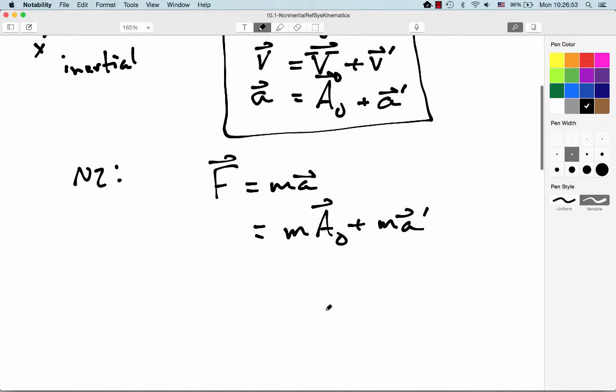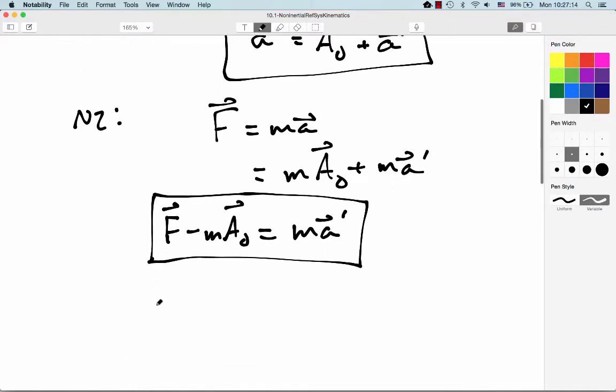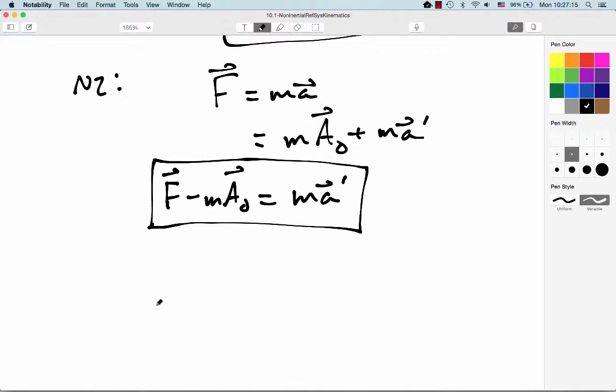Now, for an observer in the accelerated frame, what they're going to be measuring is a prime, so that's m a prime. So we'll have to subtract this m a naught from both sides. So F minus m a naught equals our m a prime. So now what do we make of this?